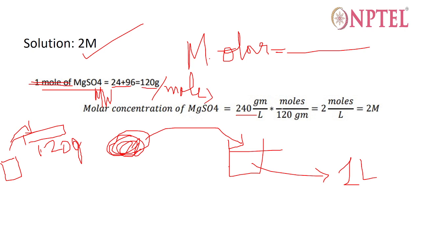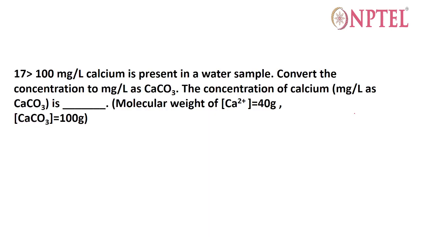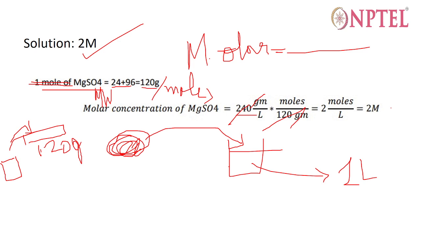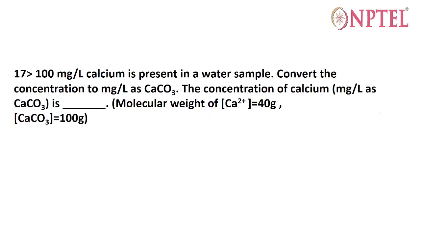I hope all of you are aware of Avogadro's number and the concept behind it. I'm not going into that much depth. Here, if you just cancel it out, you will get 2 moles per liter. It's as easy as that.